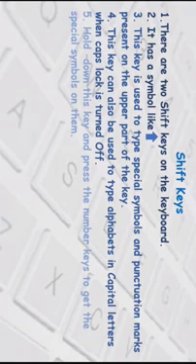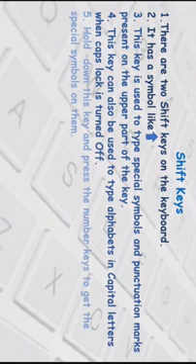On the number keys, on the upper part you find the symbols, and below you find the numbers. So if you want to type the upper symbols of any key, you have to use the shift key. So you have to press the shift key, keep it pressed, don't leave it, and also press the other key. You will be able to type the symbols which are written on the upper part of the key.